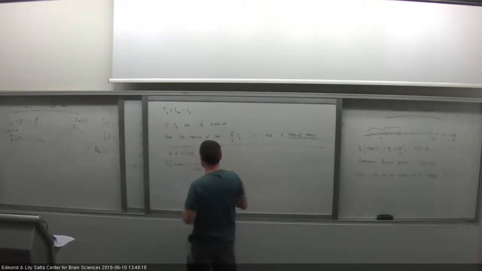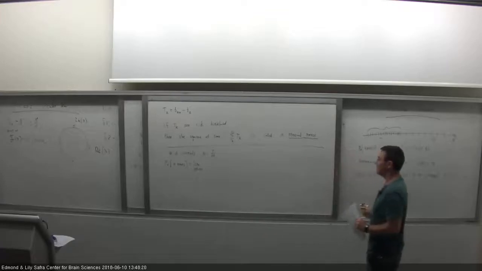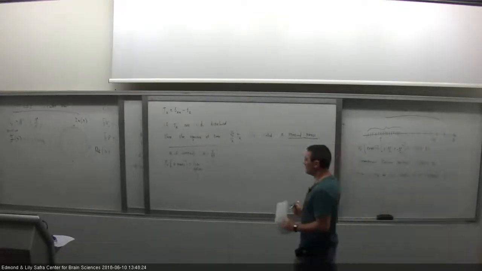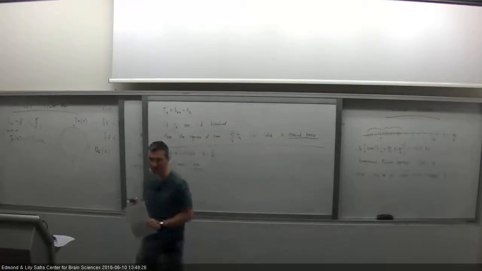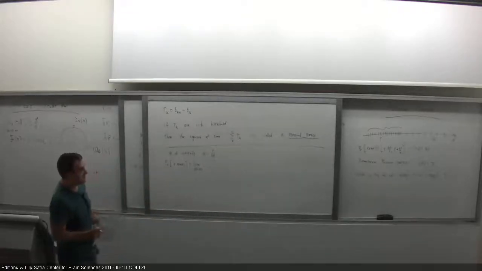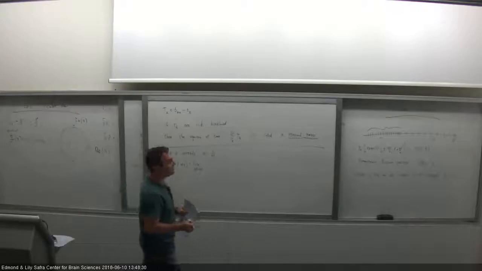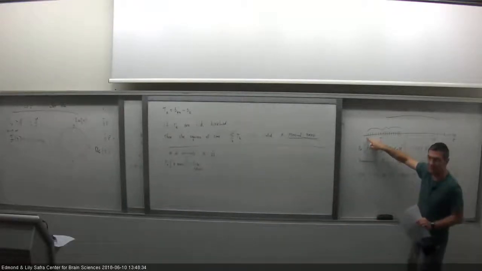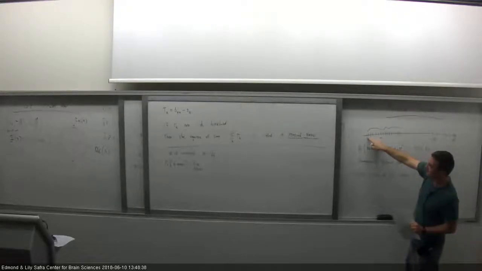So everything is in the limit of delta t going to 0. So what's the probability of k events? How are we going to compute it? So what's the probability of an event taking place here? It used to be written somewhere.